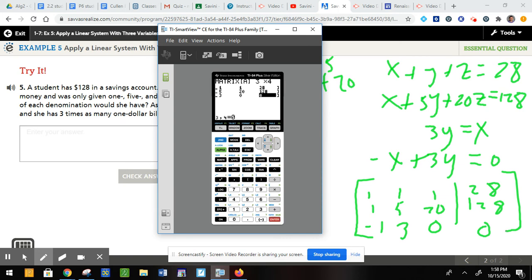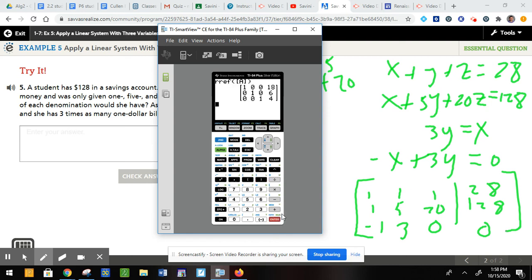So we're going to quit out. And then we are going to do the reduced row echelon form. Let's go over to math, and you're going to scroll down to the RREF, hit that. Second matrix, we're using matrix A. You can use whatever you want, but you have to type in whatever you typed it in.